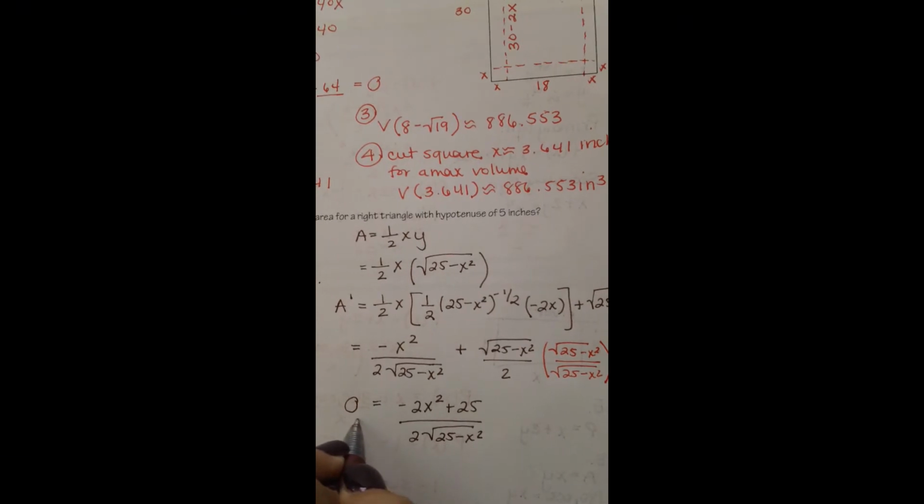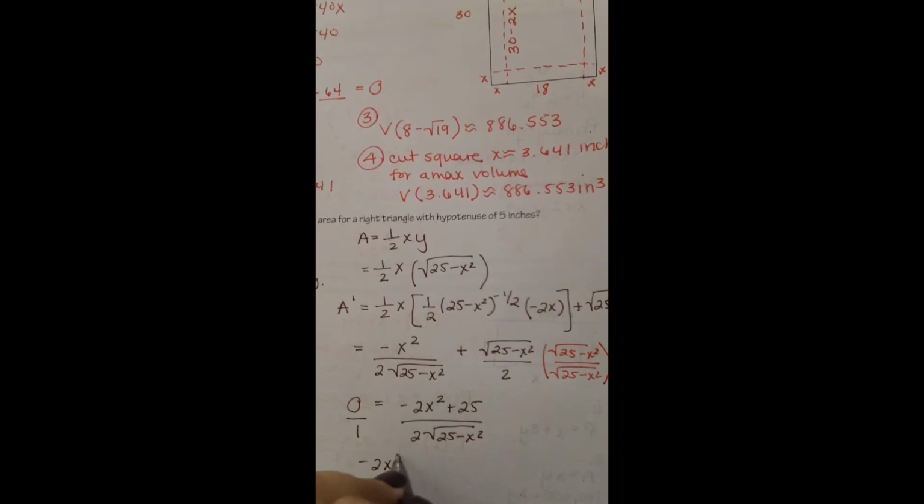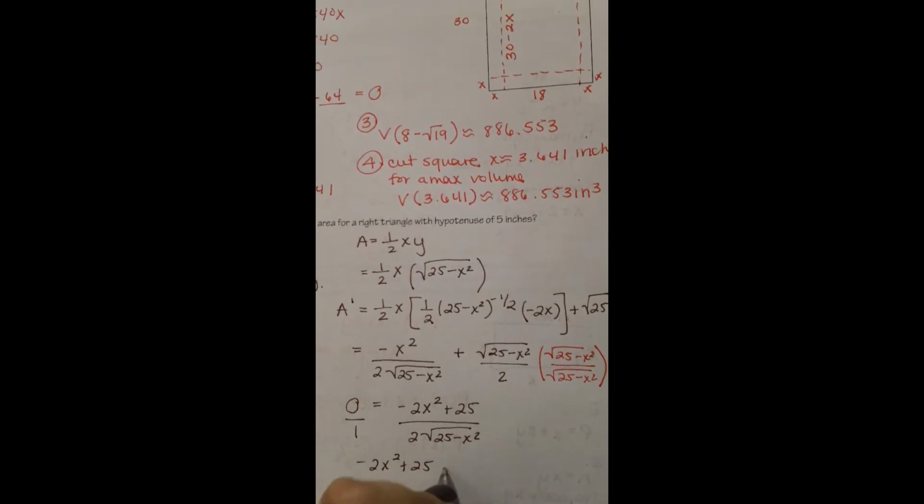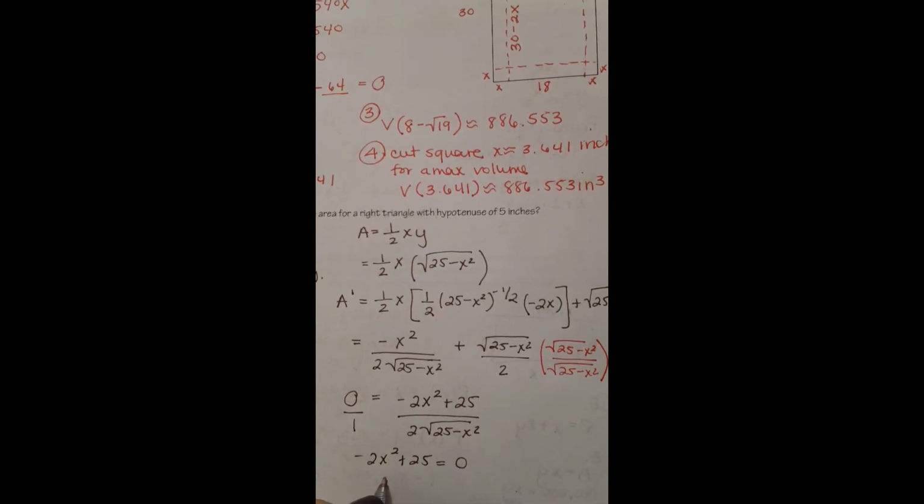If we write 0 as a fraction over 1, we cross multiply. This will be negative 2x squared plus 25 equals 0. We're going to try to get x by itself.